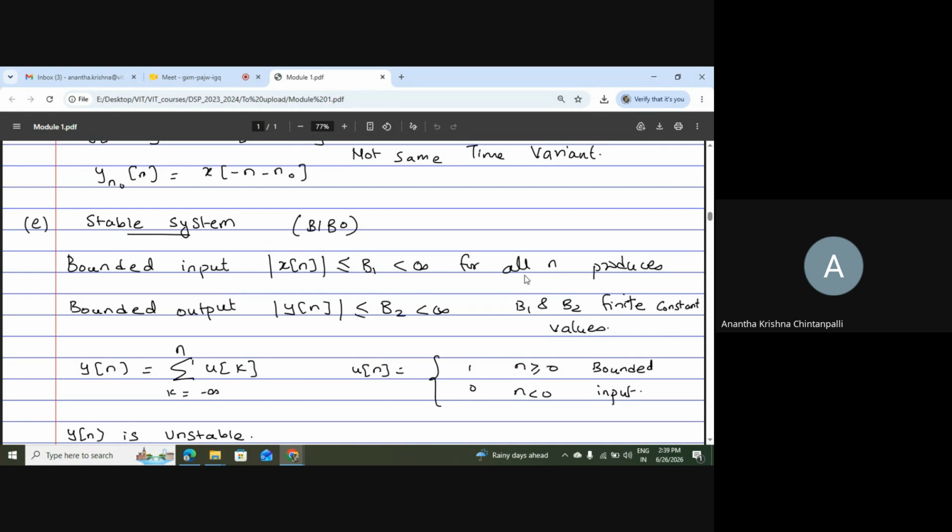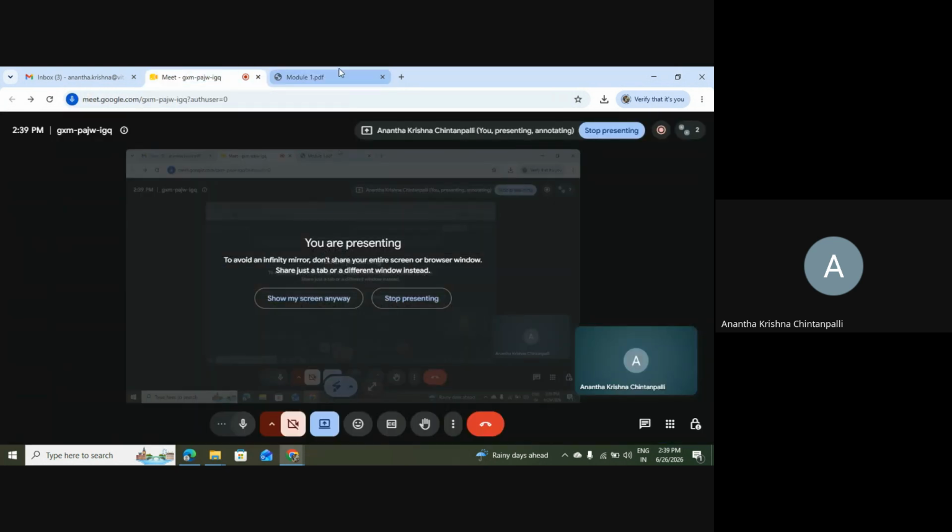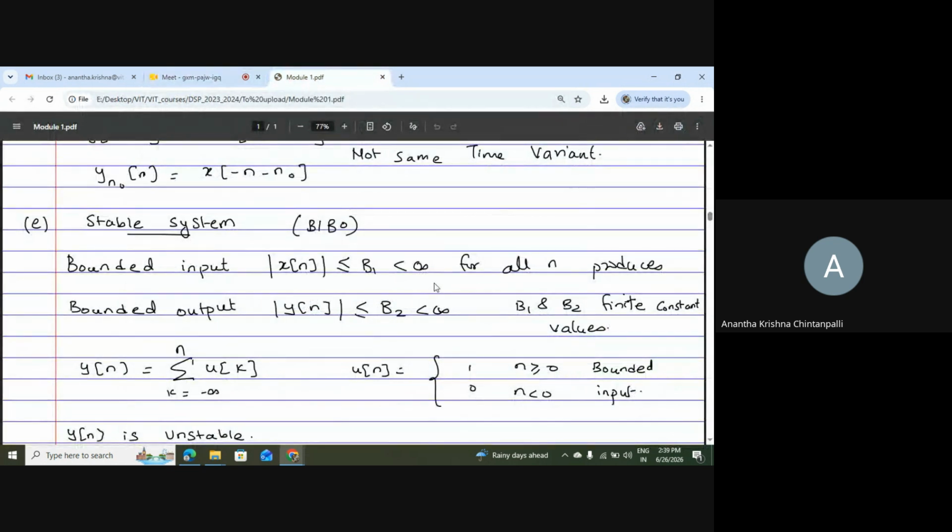Students do make a mistake by looking at some finite values of n and not at infinite values of n, which is minus infinity to infinity. So just be careful while making this specific observation to determine whether it's a stable system or not.